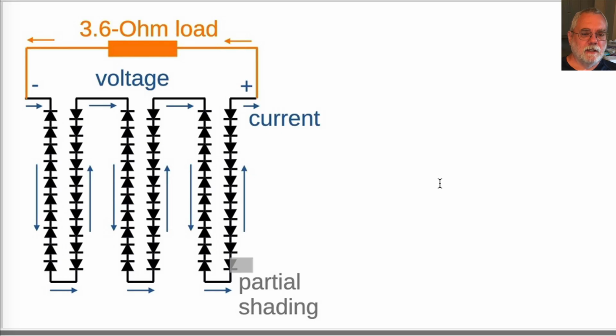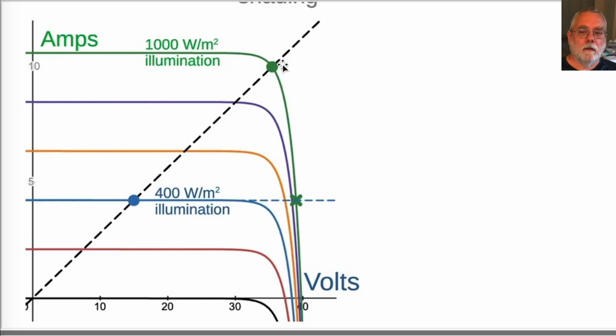Let's see what happens inside the solar panel. In order to match the 4.24 amps sourced by the partially shaded cell, the 59 fully illuminated cells will increase their voltage, trying to move from the green dot to the green X at the right.